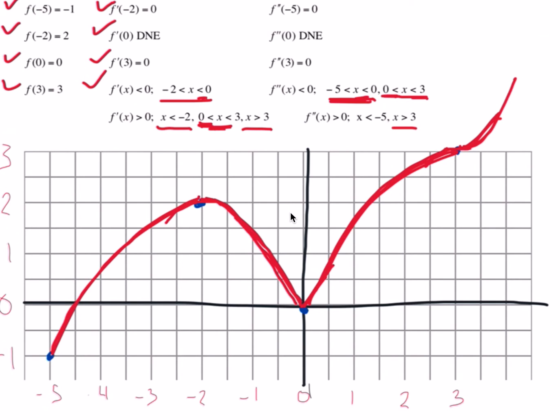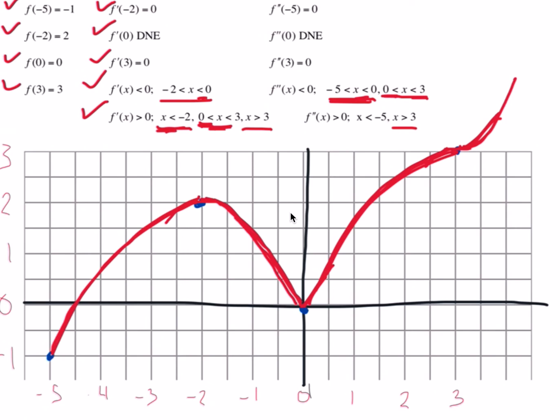And it says that, let's see, is there any information about what happens to the left of -5? So it says that our derivative to the left of -5 is still positive. Okay, still positive. Do we know anything about the concavity?